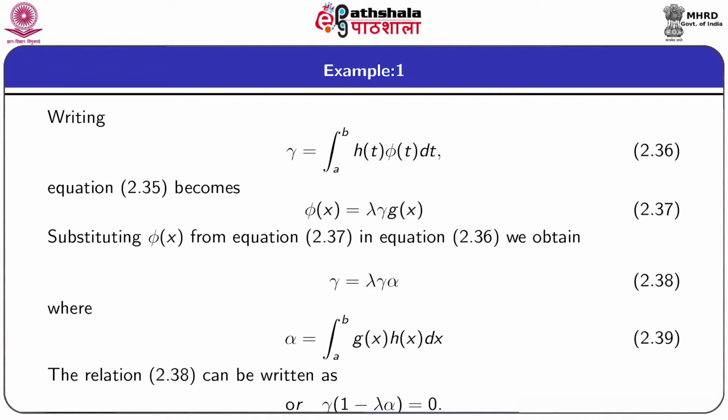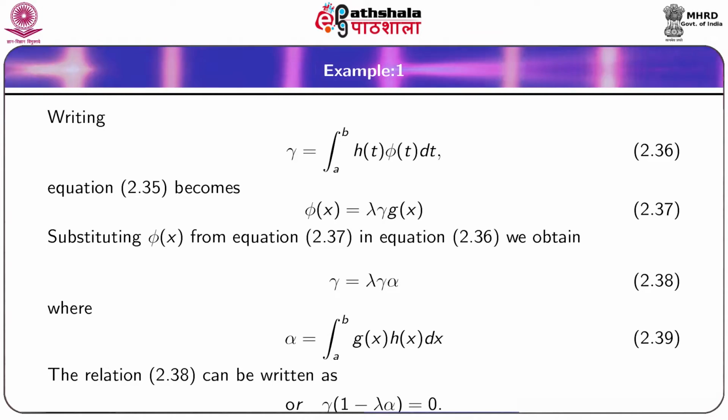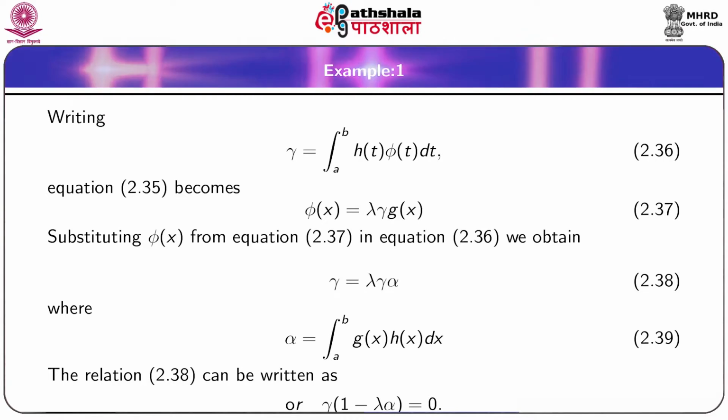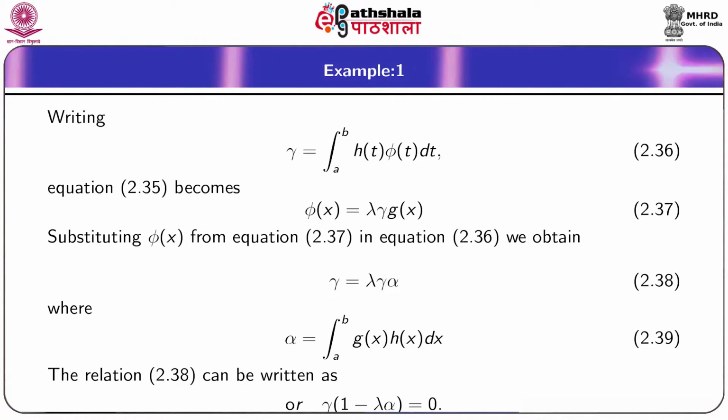From this equation, we note that if 1 minus lambda alpha is not equal to 0, then this constant gamma has to be equal to 0. If I now substitute gamma equal to 0 in the equation 2.37, then I get phi(x) equal to 0.